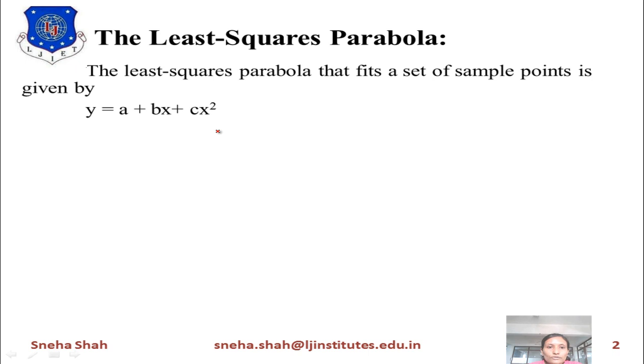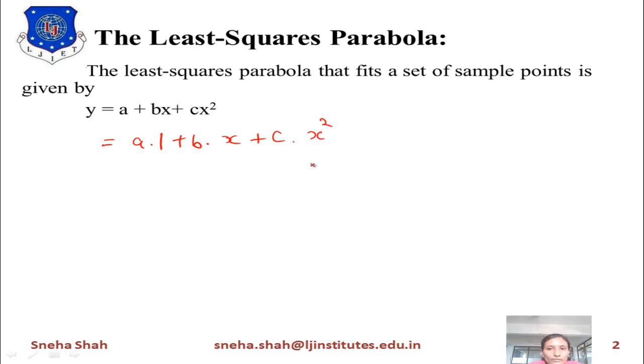Now what is the rule to find these constants a, b and c? For that we have to take the normal equations. How do we find the normal equations? We write each term as a multiplication: a into 1 equals a, plus b into x, plus c into x square.